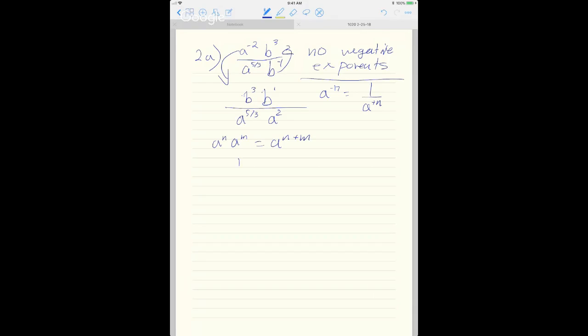All right, so I have B cubed plus 1, or B to the 3 plus 1, and that's divided by A to the 5/3 plus 2.